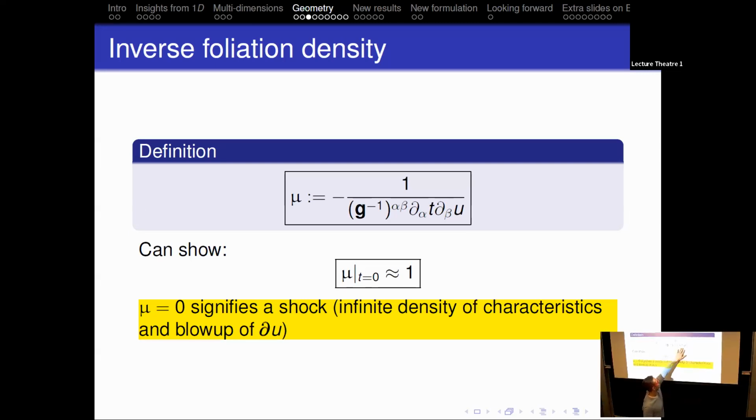And that's essentially the same as this denominator going to infinity. And that's essentially the same as mu going to 0. So the piling, the infinite density of the characteristics essentially coincides with mu going to 0. Okay, so the study of shocks is in large part the study of mu going to zero.